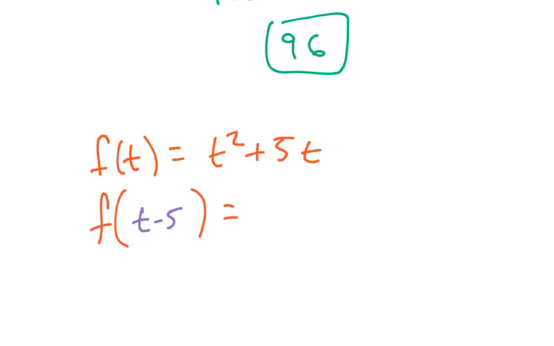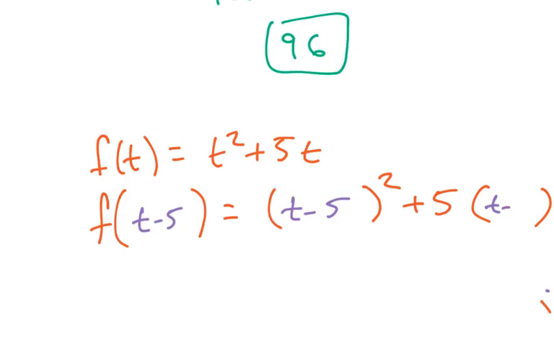So same thing. Instead of t, I have t minus 5, so instead of t, I plug in t minus 5. Okay, so again, all I did was replace all the t's with t minus 5, and then you clean it up.